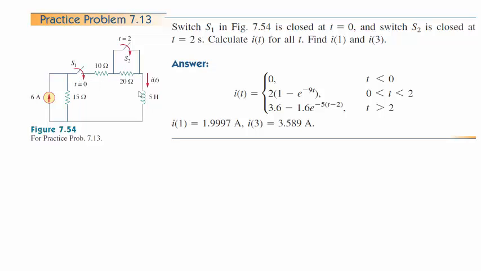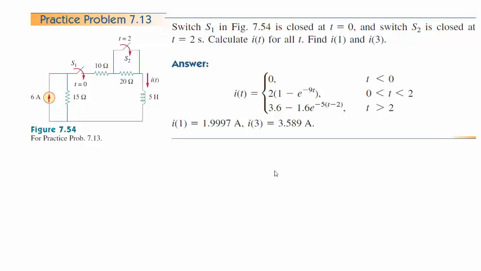So this is the part of the circuit now that you have to look at, and there's no initial conditions also on this inductor, so you will get just a straightforward application there of the formulas. And then finally at t equals 2, this one closes. It changes the circuit because it shorts out this resistor. I think you guys can work through that just fine.